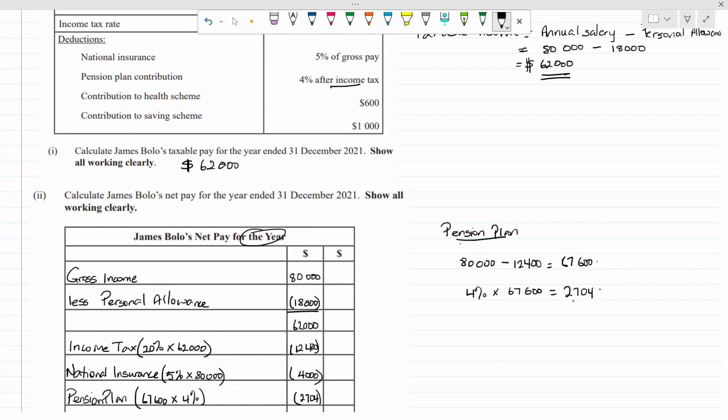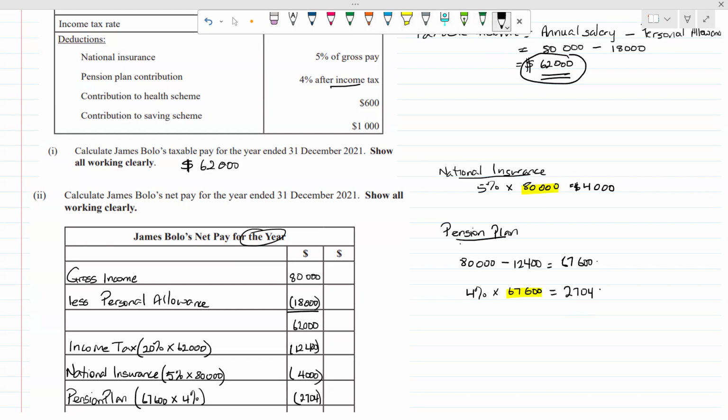Now, when we find the income tax, we could only tax this 62,000, not the 80,000. Understand? The national insurance is 5% of your $80,000. So national insurance was 5% of 80,000. That's why I give them the $4,000. So you see these figures that they're using here, these are important, right?